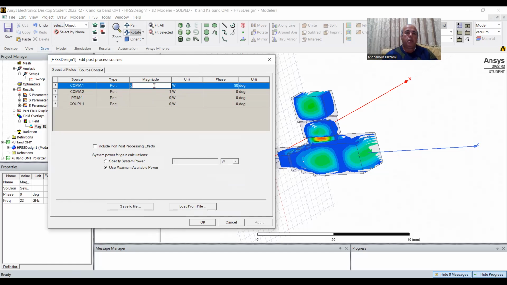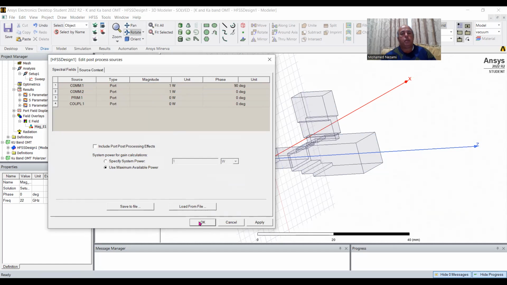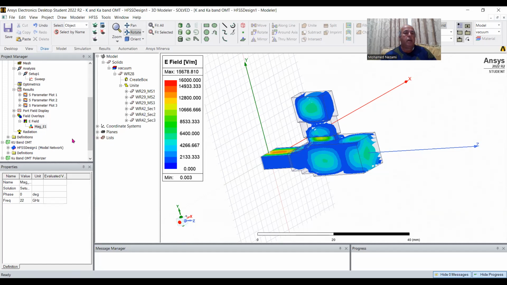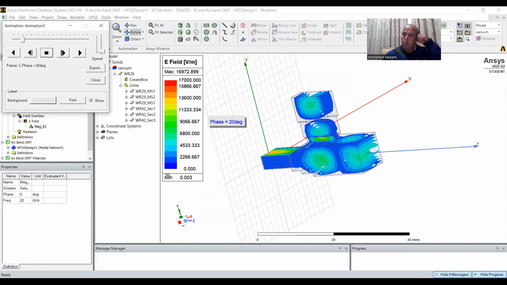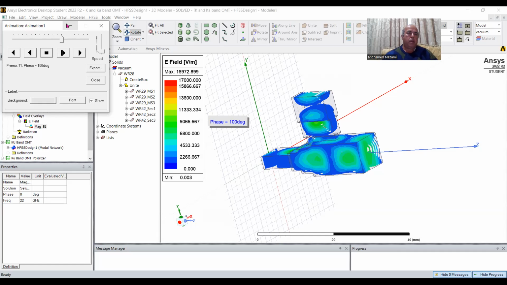So what we're going to do is we're going to common both of these first, okay? We're going to excite the circular polarization mode, and then we're going to look at this one in here. So, and now let's just animate it. And now what happened, of course, let me see what frequency this is at.